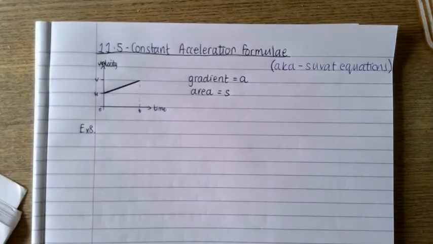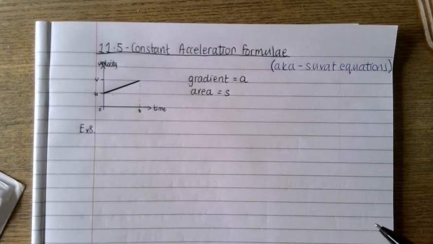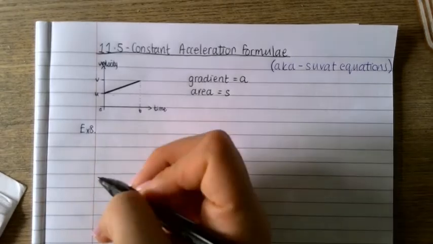So example 8, and this is on page 191, says a particle moves in a straight line with constant acceleration a. Given that its initial velocity is u and its initial displacement is 0, prove that... So I'm just going to write down the information that they've given us.